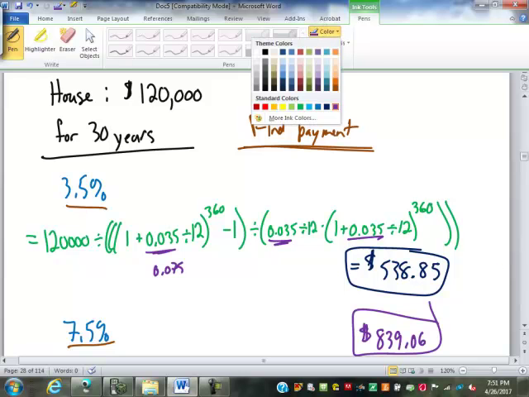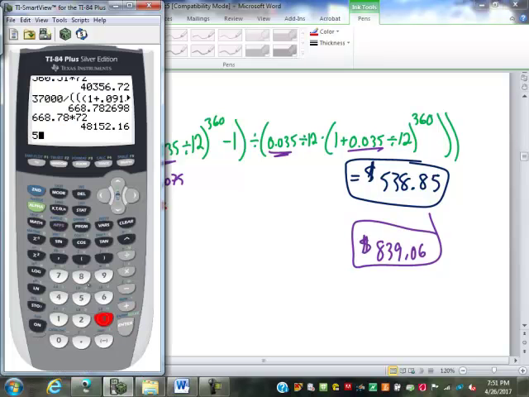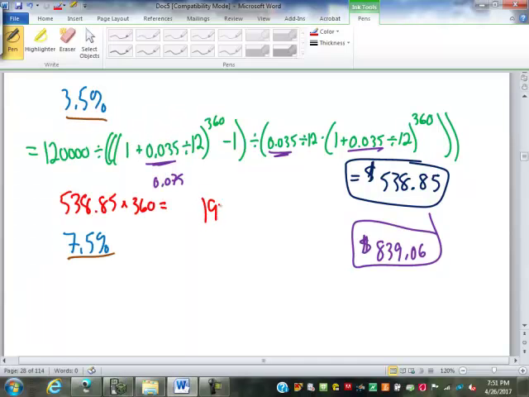Now, first of all, look at that. That is a $300 a month difference in payment. Wow, for 30 years. For the total payments at 3.5%, 538.85 times 360 is $193,986.